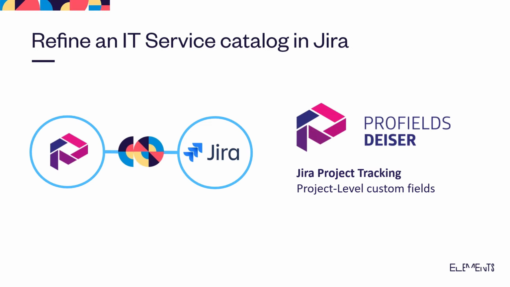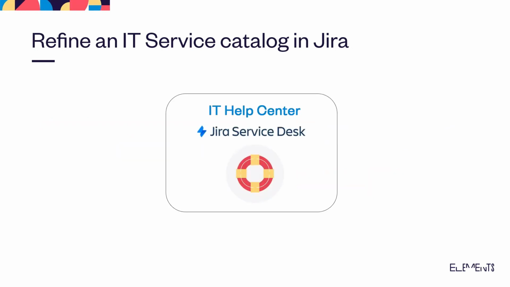So we will begin by just specifying the use case here to be clear. We are in the context of a company which is using Jira Service Desk as its own internal IT help center.